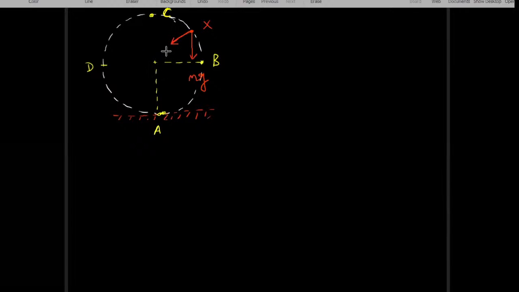So if I take this angle to be theta, then the component of mg in this direction is mg cos theta, right? And it is the same direction in which centripetal force will also act.